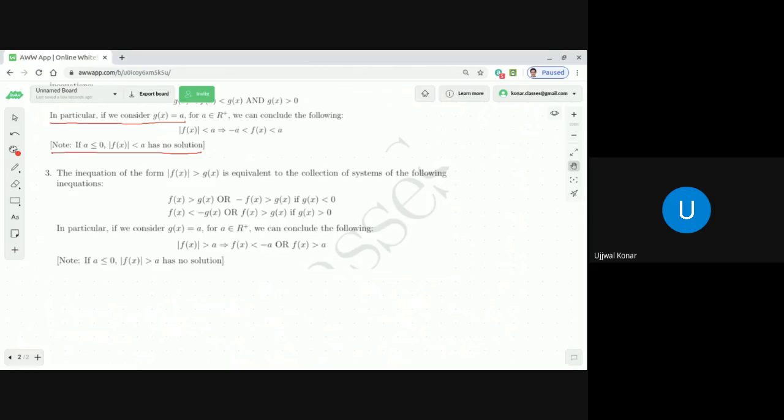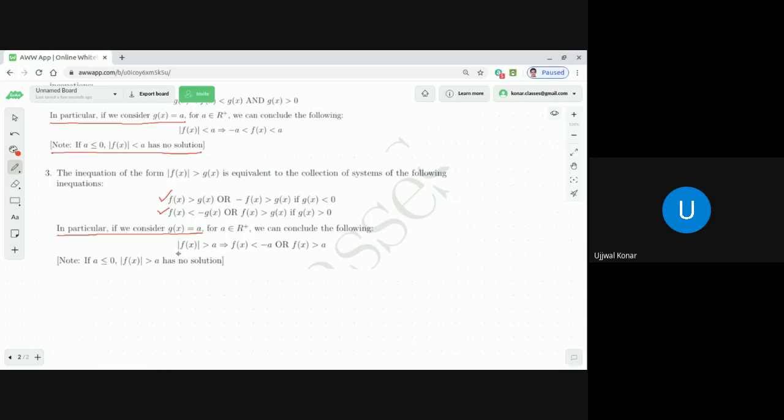The first one is f(x) greater than g(x) or minus f(x) greater than g(x) if g(x) is less than 0, and f(x) less than minus g(x) or f(x) greater than g(x) if g(x) is greater than 0. In particular, if we consider g(x) equal to a, like the previous case, then a belongs to the set of all positive real numbers.